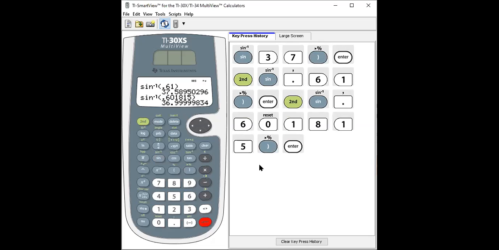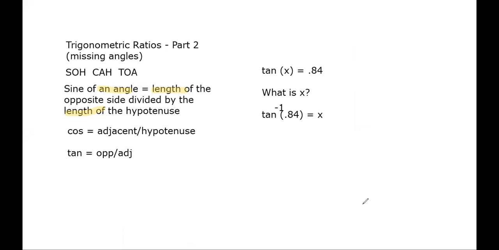Now, the example we were just looking at in our discussion was, what if we need to find the inverse tangent of 0.84? Well, let's just put that in and see what it is.